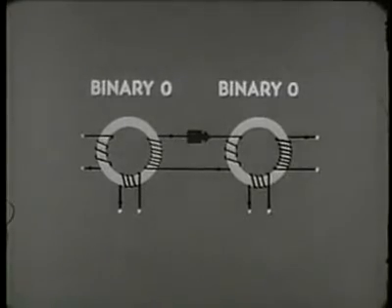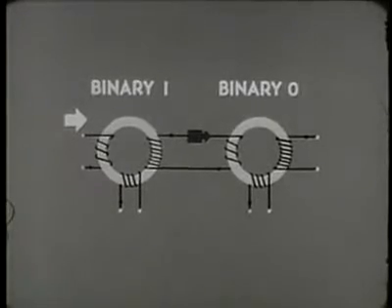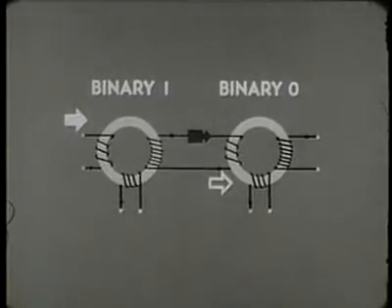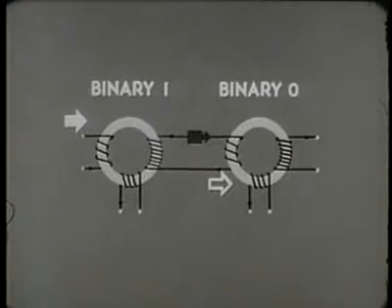All right, we'll follow the events in their proper sequence. A non-dot input sets the first core to 1. Nothing happens to the second core. Current flow in this direction sets a core to 0, but that's where this core is already.